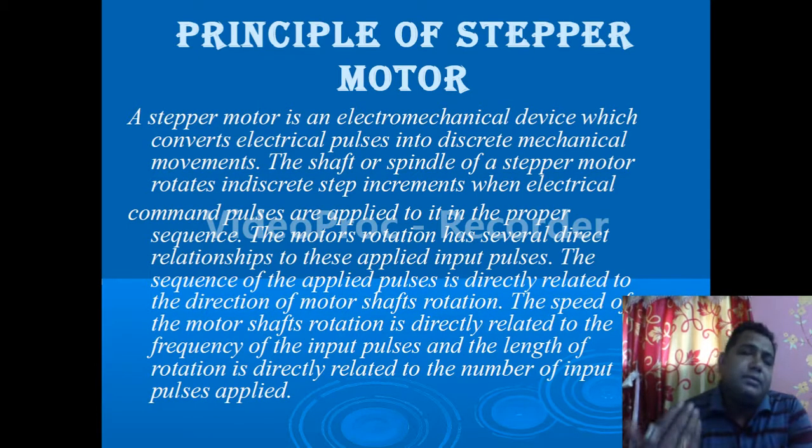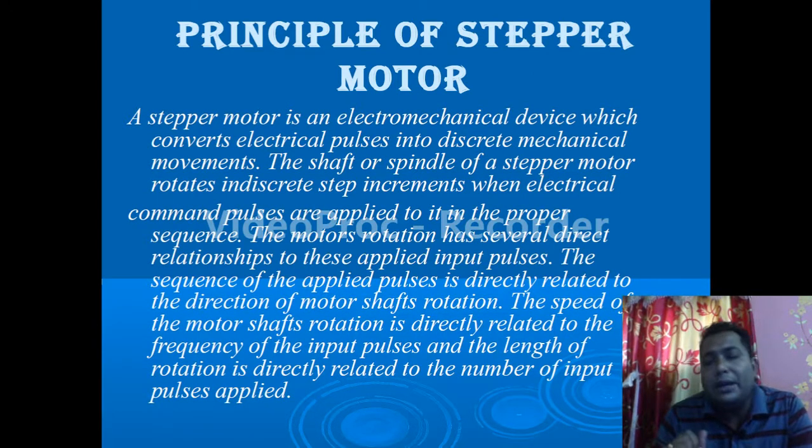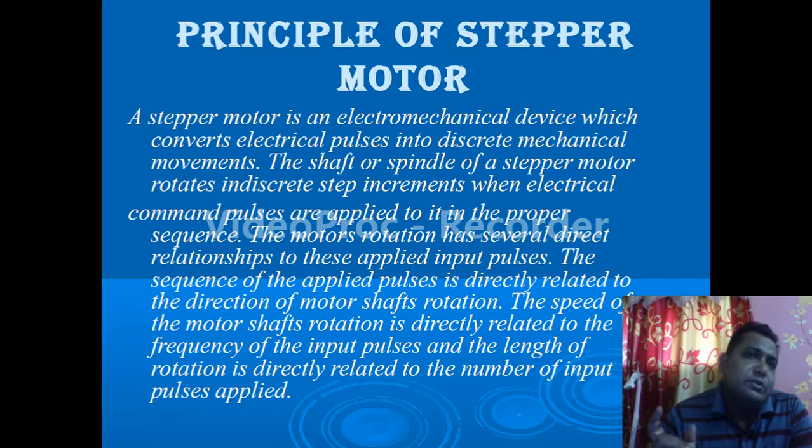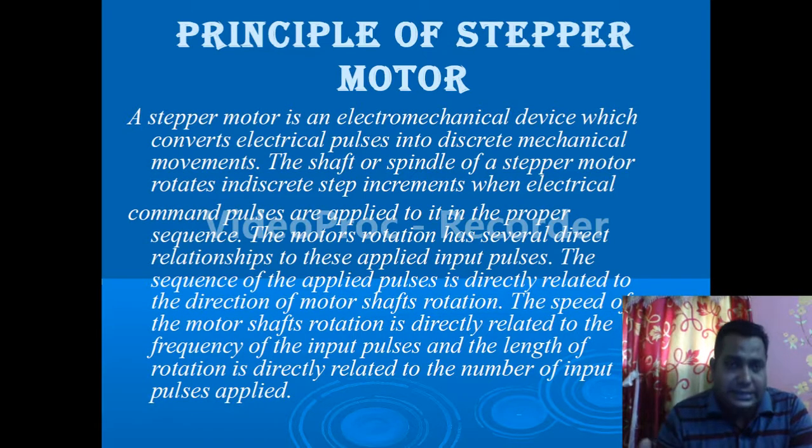Suppose we have to rotate the shaft or spindle of a stepper motor by some steps, by some angle. At that time we can apply some pulses to the machine, so that it rotates that particular angle or number of steps.